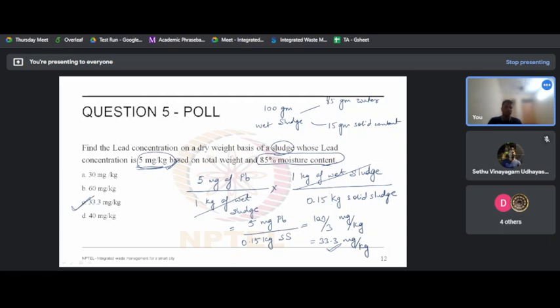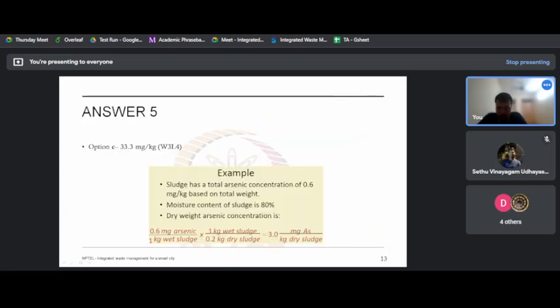So in any kind of processing or industrial process where sludge is being dealt with, the solid sludge should be dealt with high precision and high care, because the concentration is much higher and the risk will also increase accordingly. So option C, 33.3 mg per kg.